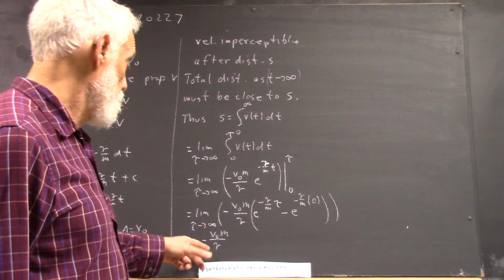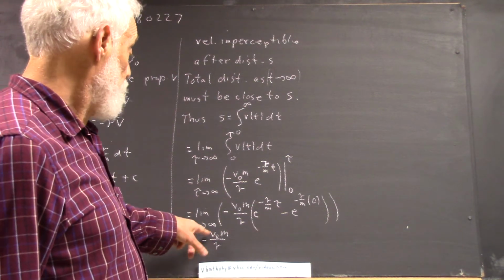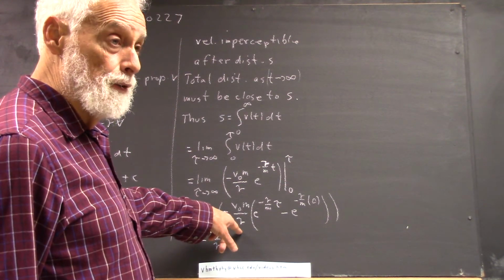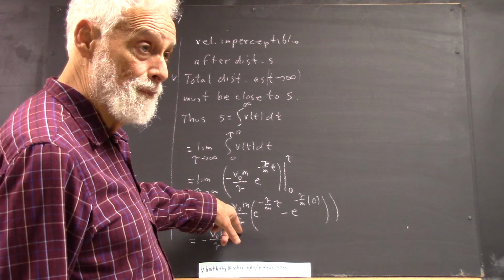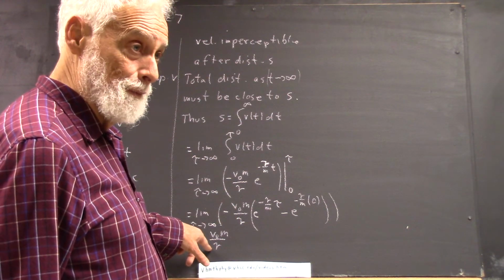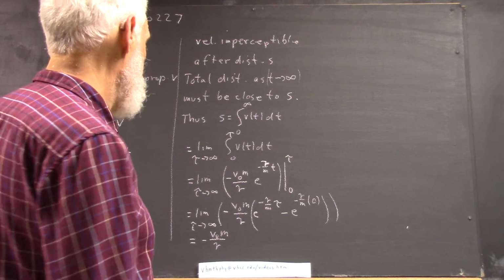Now we want to check to see if this is dimensionally consistent. Well, I'll leave that to you. V naught will be in units of length over time. M will be in units of mass. And gamma will be in units of force over velocity. So, check the units.